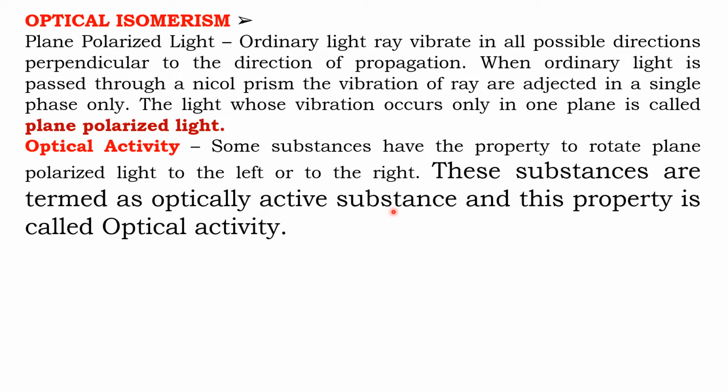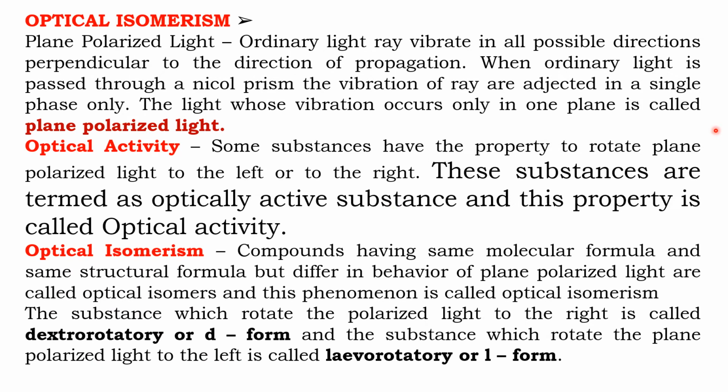So, optical activity is defined as the phenomenon by which a compound rotates the plane polarized light either to the left direction or to the right direction. The substance which shows optical activity is called an optically active compound.